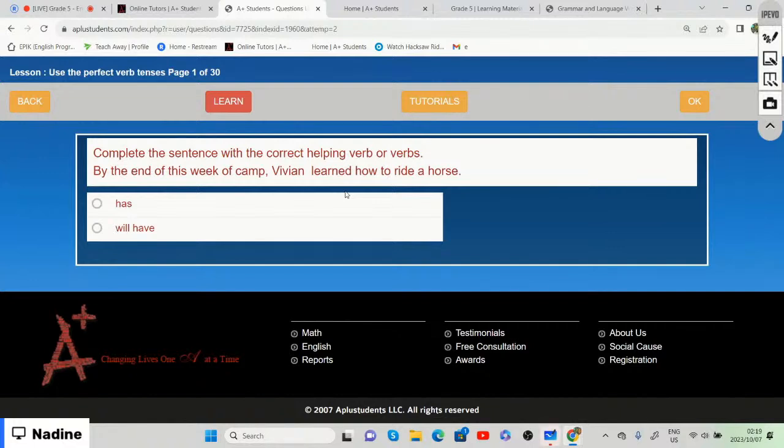All right, so if we choose the correct helping verb, especially since if we look at the first part of the sentence, it says by the end of this week of camp, meaning that it is not at the end of the week yet. So this is the future that they are talking about. So in the future, do we say Vivian has learned how to ride a horse or Vivian will have learned how to ride a horse?